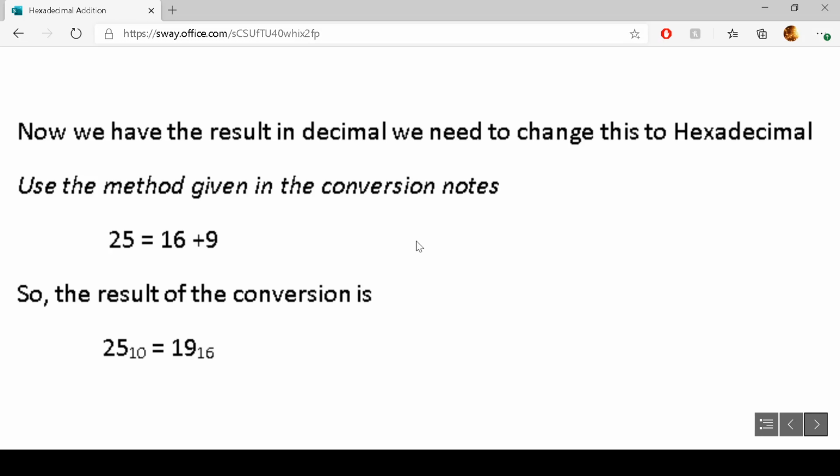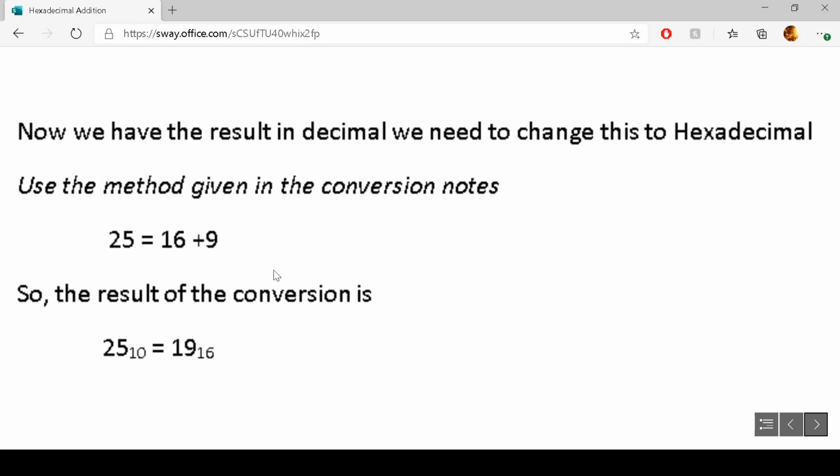So 25 is too great for that particular column. So what we can do is you can either use the conversion notes that you've been given, or you can say 25 is equal to 16 plus 9. So I'm saying 16 because this is base 16, so I'm just taking 16 out of that column and putting it into the next column.